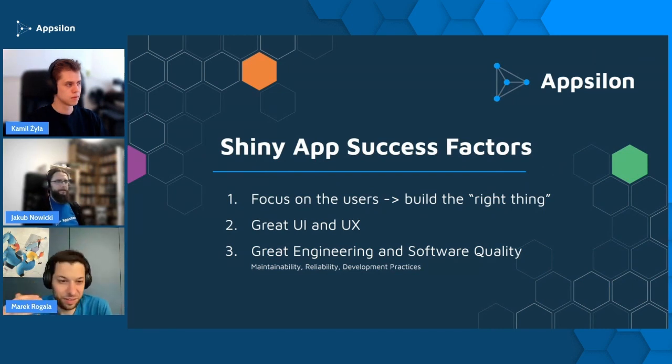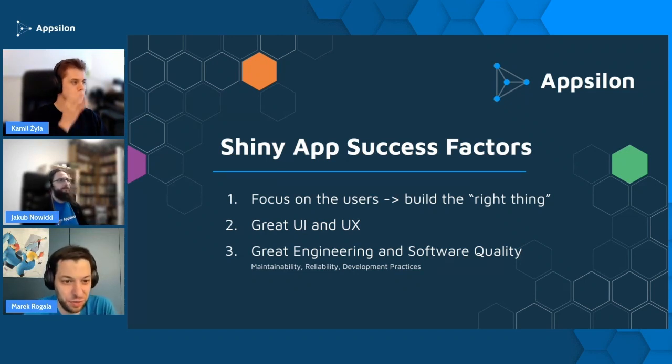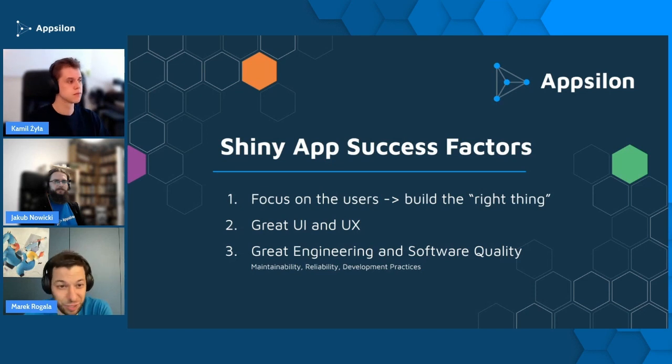So in our experience, some of the key factors are, first of all, focus on the users, like really dedication to talking to them, involving end users early and as often as possible, just to make sure that we build the right thing. And this is the key. But also great user interface and user experience.